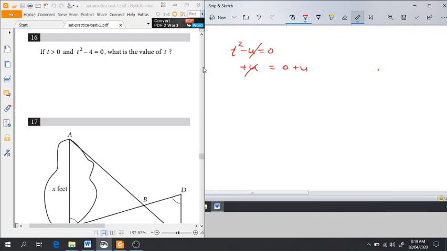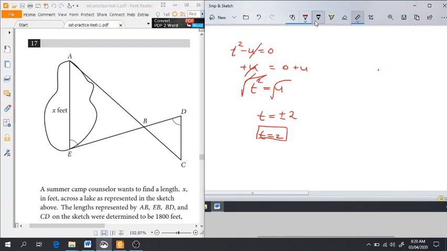So this gets cancelled out. So t² is equal to 4. But they are asking what is the value of t. Take the square root on both sides. Square root and square get cancelled. t is equal to the square root of 4, written as plus or minus 2. As they mentioned, t has to be positive, so the value of t is going to be 2. The answer to this question, the value of t is 2.